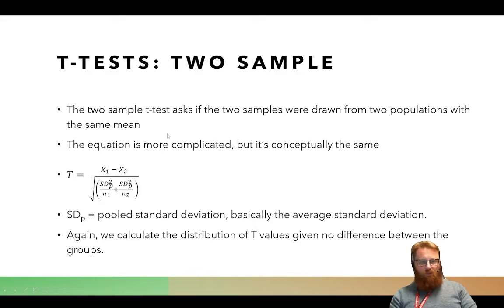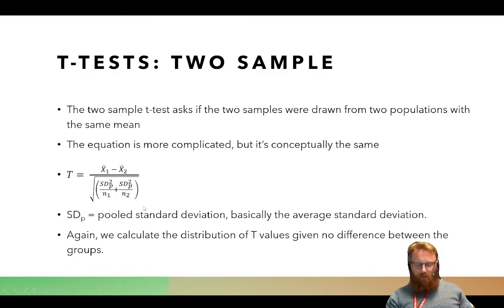Now, with a slight tweak, we can change this to a two-sample t-test, which is asking, are these two samples drawn from different populations? The equation's a little bit more complicated, but it's conceptually the same. Instead of the difference from a theoretical mean, we do the difference of our two sample means. And again, we divide it by something that's basically the standard deviation divided by the n size.